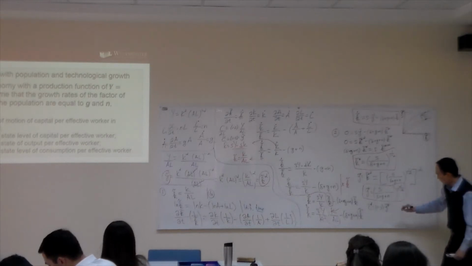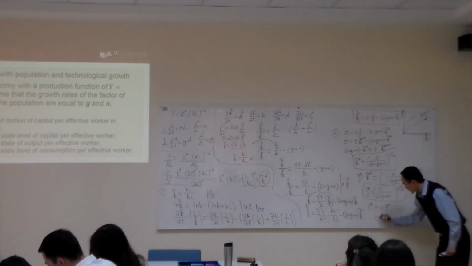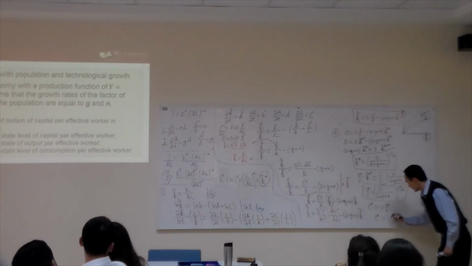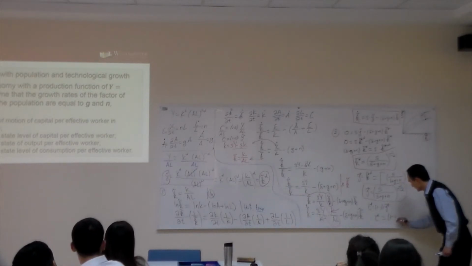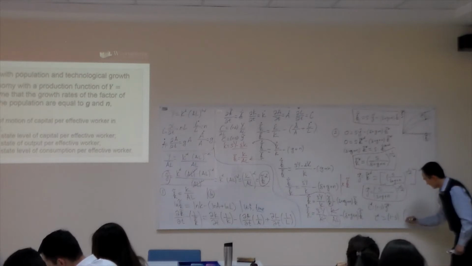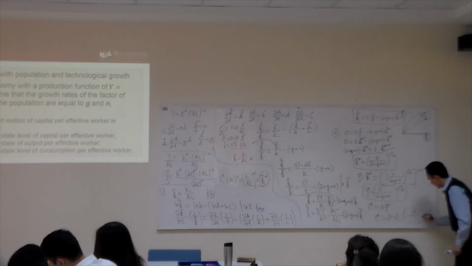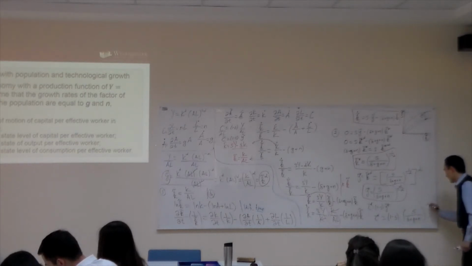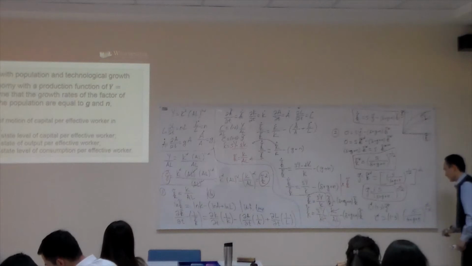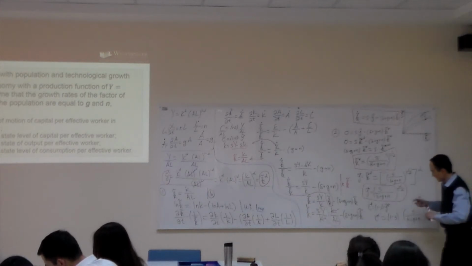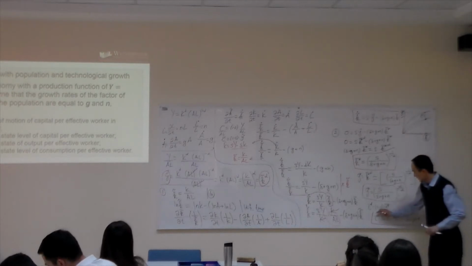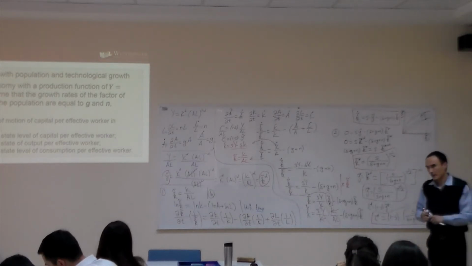So now you can write that our consumption per effective labor in steady state level is equal to 1 minus saving rate times saving rate over delta plus g plus n, to the power of alpha over 1 minus alpha. This is the steady state level of consumption per effective labor. Okay? This is it.